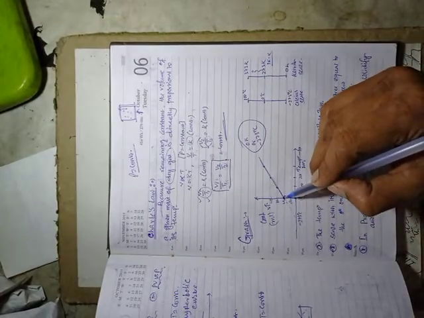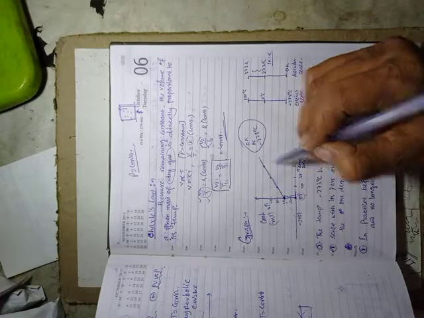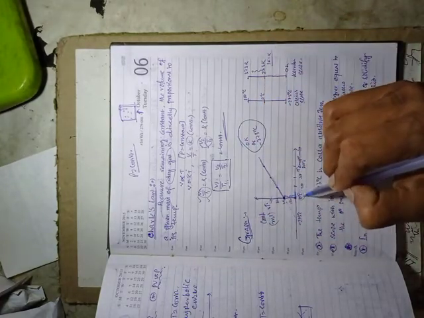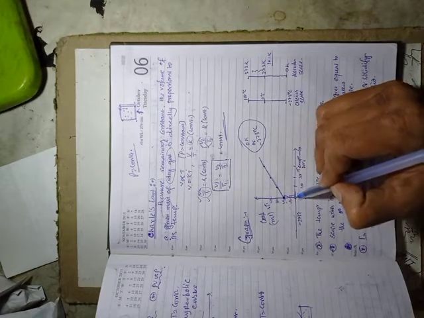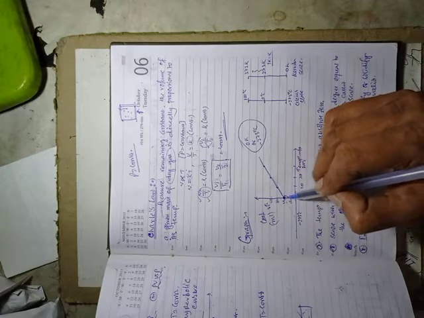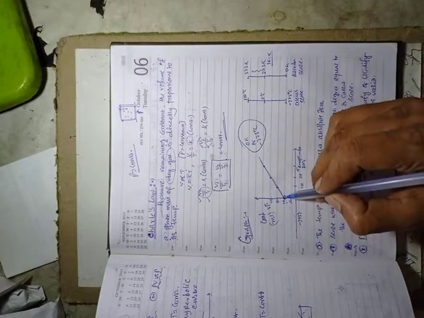That's why the graph starts from here, and as temperature increases, volume increases. So the graph will be like this, and at 0 degree centigrade the gas has some volume. That's why we started from 20 ml.